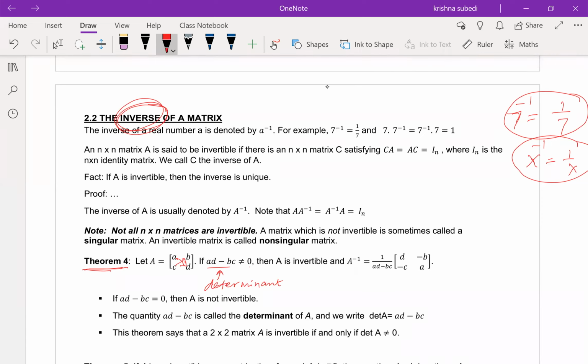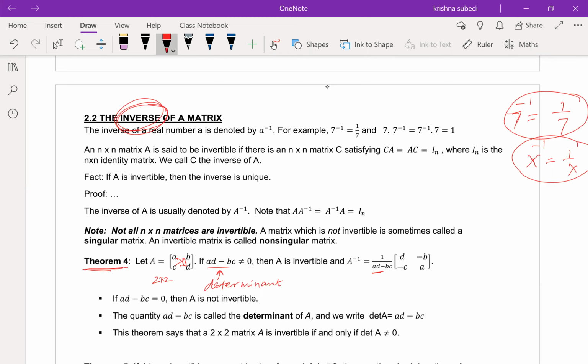So if we are given a 2 by 2 matrix a, b, c, d, then A inverse is defined to be 1 over the determinant of A, and then what we're going to do is switch this d and a.